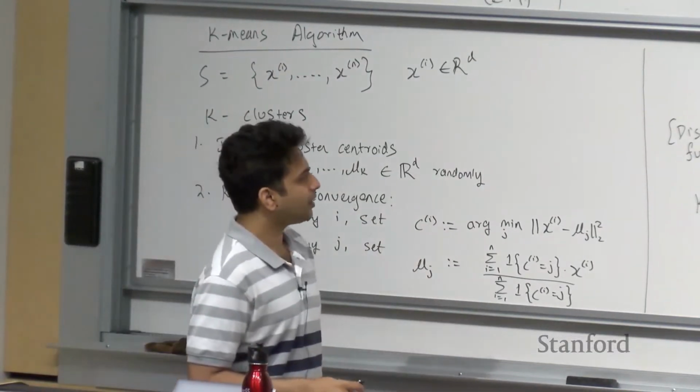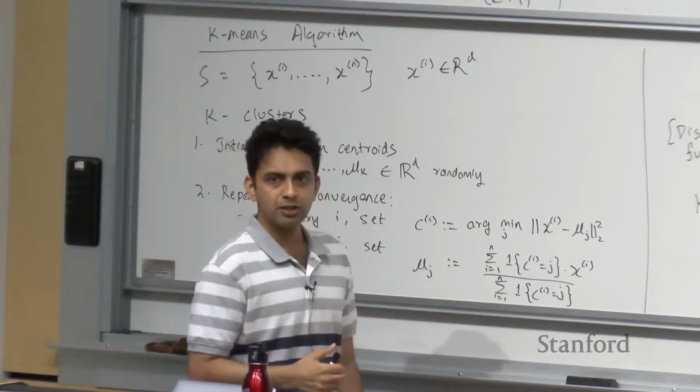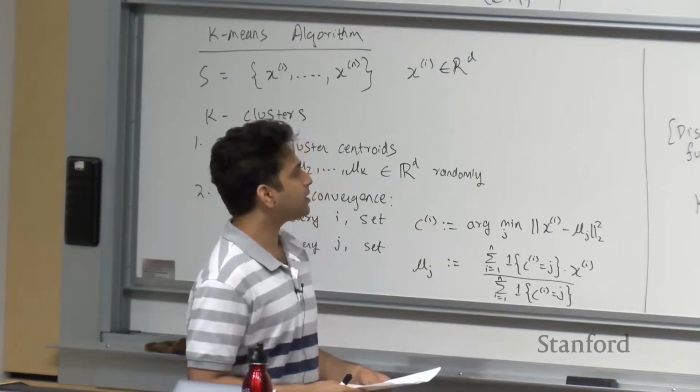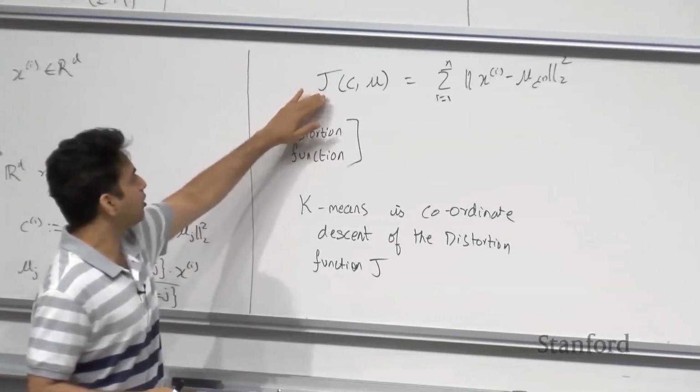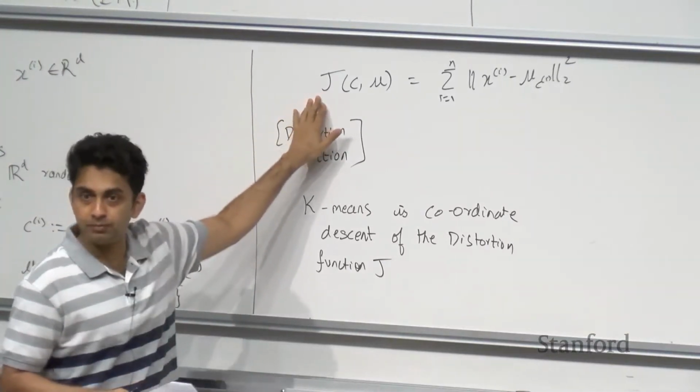And we say that the k-means algorithm converges in the sense that eventually we are going to reach some kind of a local minima of this J function.